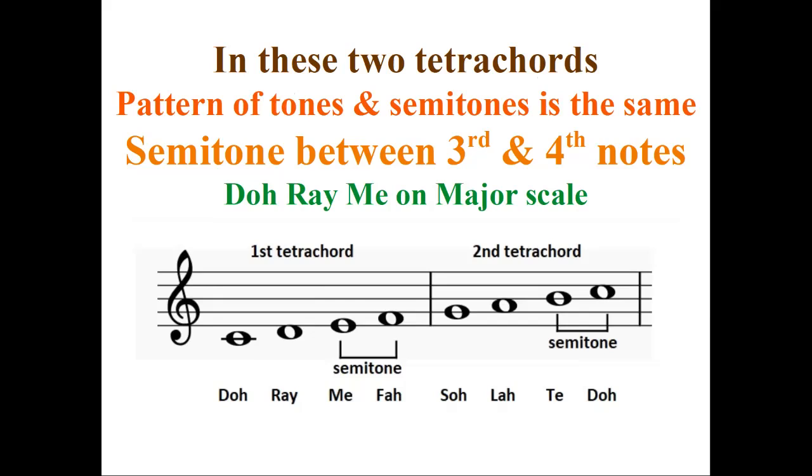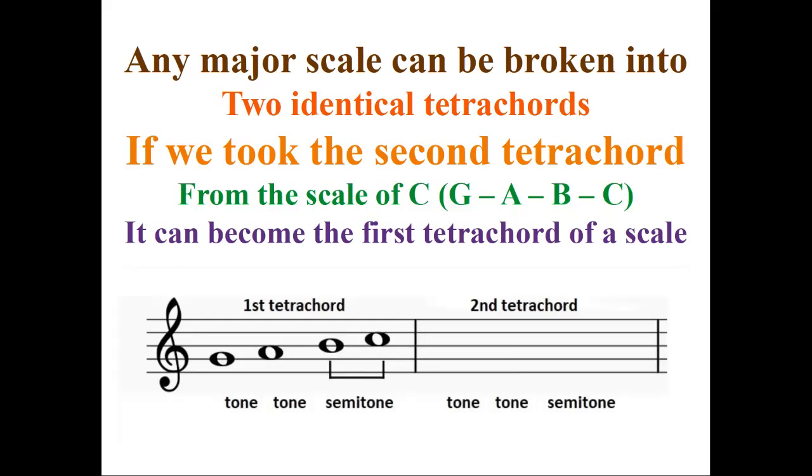The semitone will always be between the 3rd and 4th notes. This is the do, re, mi scale, or the do, re, mi on the major scale. So any major scale, it doesn't matter what scale it is, as long as it's a major scale, can be broken into 2 identical tetrachords.